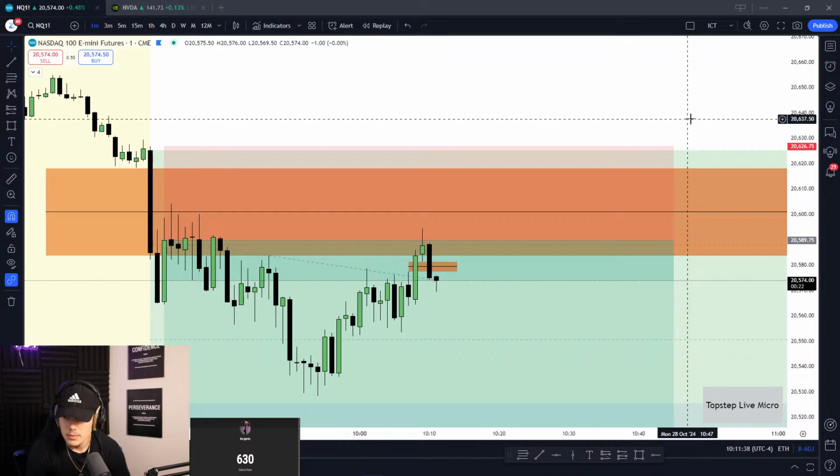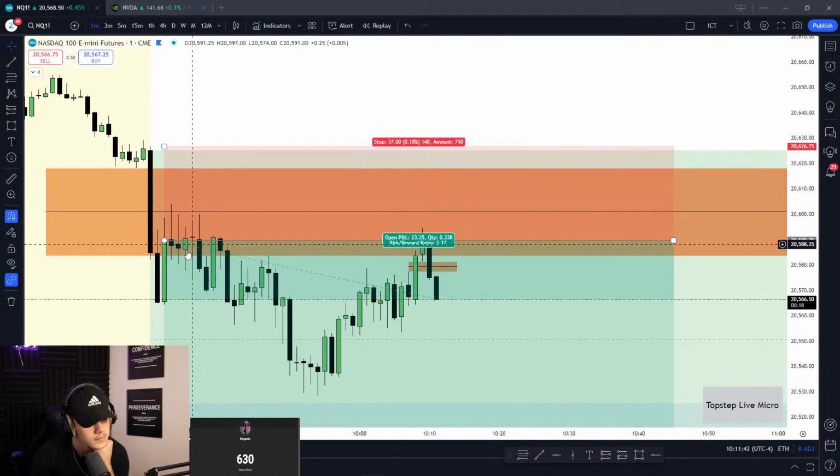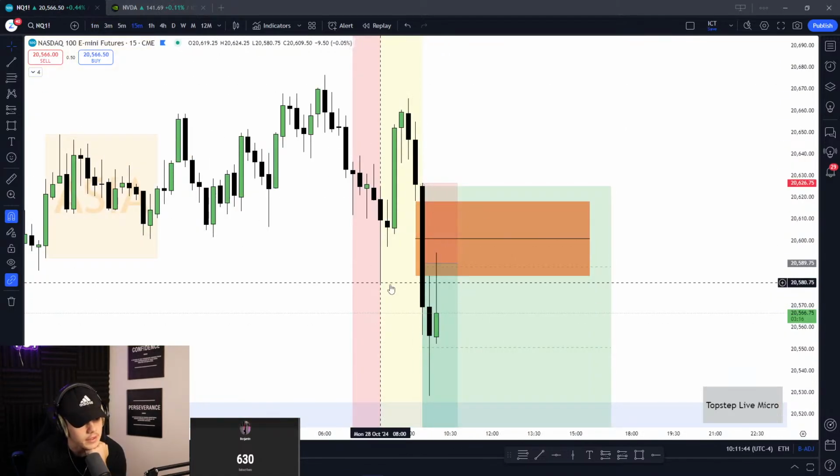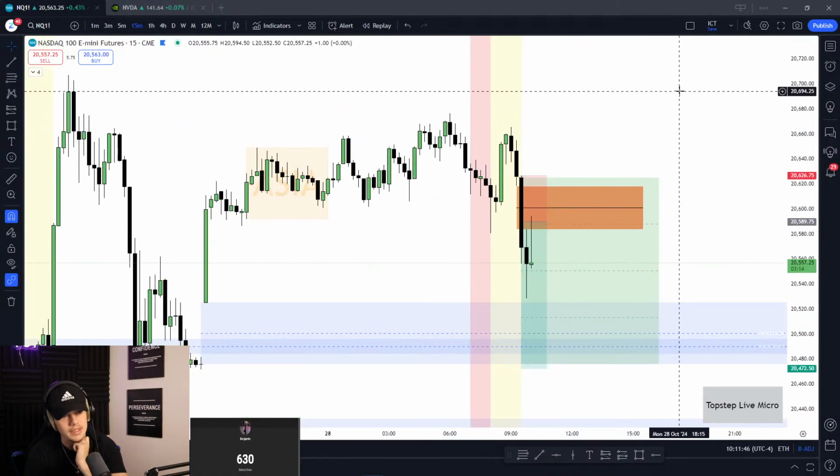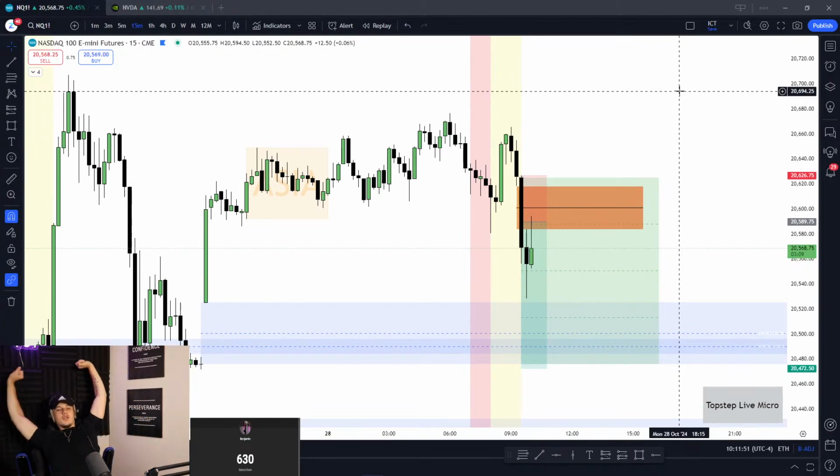It could kind of act as support to move lower. And again, great reaction off that 15-minute. I'm glad I moved my stop loss away from break even back up to original risk to allow that 15-minute SIBI to get reacted to.